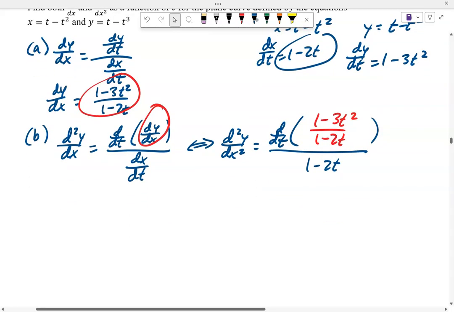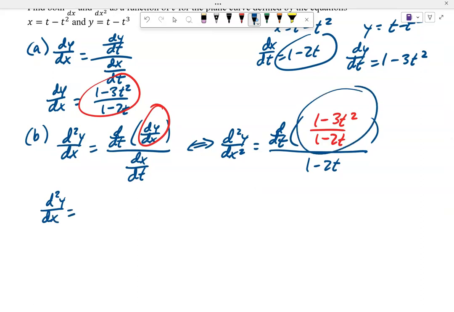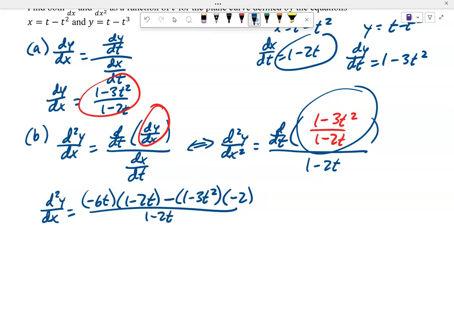And so our second derivative will be, we're going to use the quotient rule on this, right? So I take the derivative of the top, and this is how I remember it: derivative of the top times the bottom, minus the top times the derivative of the bottom, all over the bottom squared. And this is still all over dx/dt.